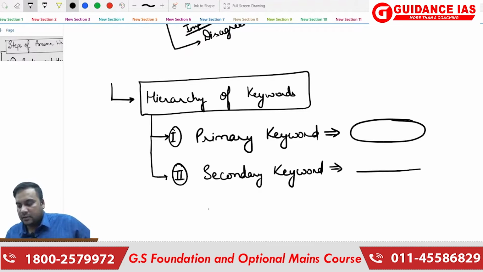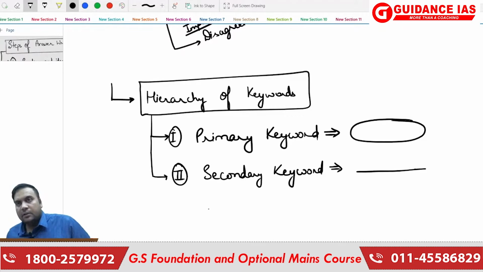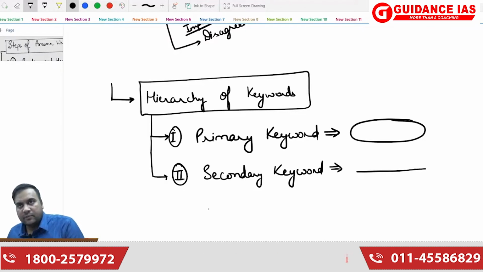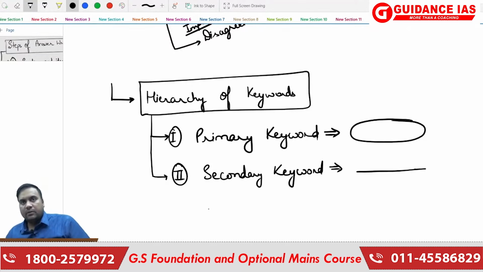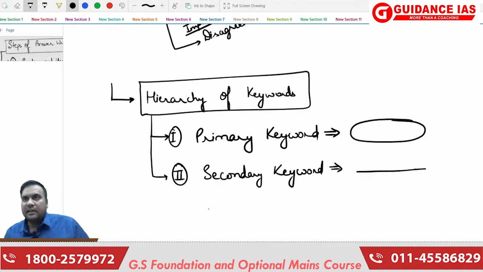There is this underline. I always underline the secondary keywords. Now, what is the difference between the primary keyword and secondary keyword?